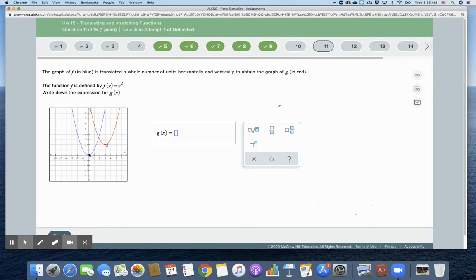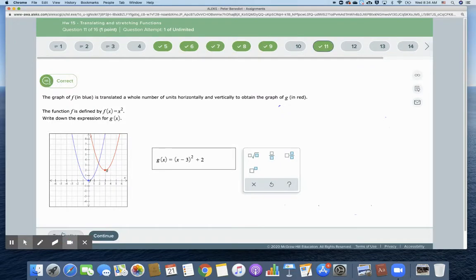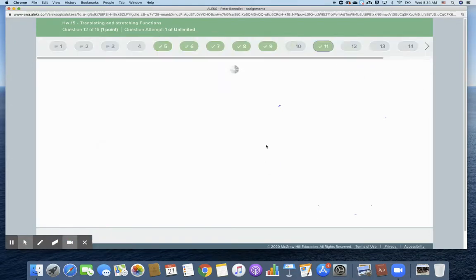And it's been shifted to the right 3 and up 2. So in order to write that function, I can just say x minus 3 squared plus 2. And that's all they want you to do, just look at the original and then shift it. Cool. Let's see if there's anything else.